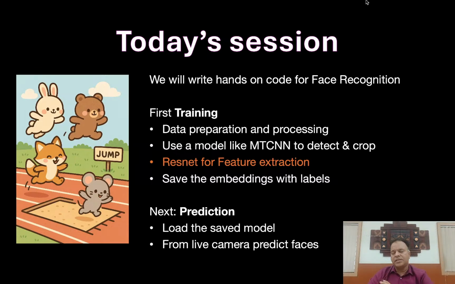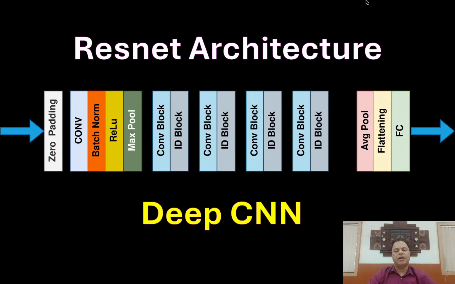ResNet is a very powerful and popular library, and there are many more. Some of them, like ArcFace and InsightFace, are trained with a ResNet type of base model, and you can definitely go with ResNet. There are many other models that you can use, and the architecture of ResNet looks like this.